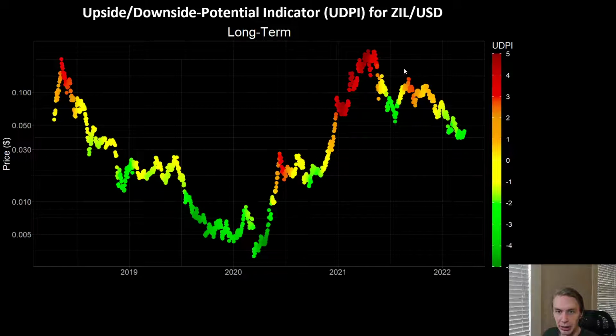And so it's kind of remarkable that it's able to identify this kind of lower high as being higher risk, as a point to be getting concerned. And indeed, it didn't flip into the green zone until much more recently as we put in this kind of lower low relative to the summer.